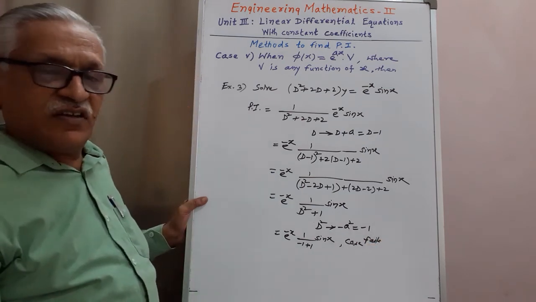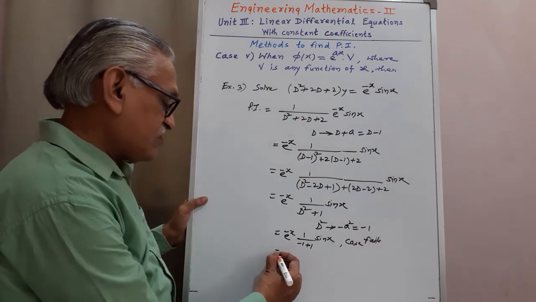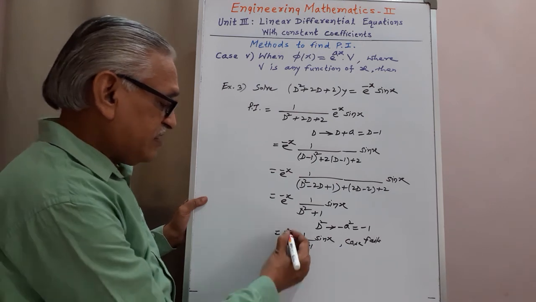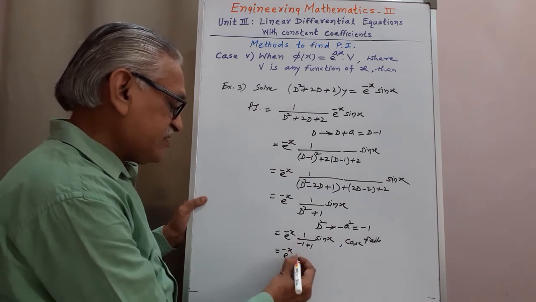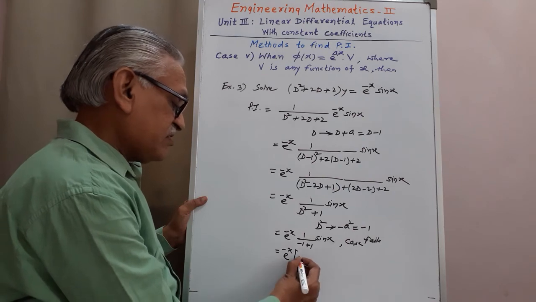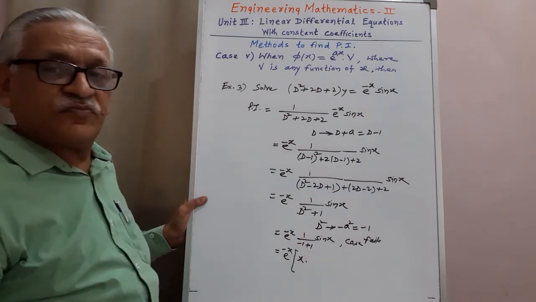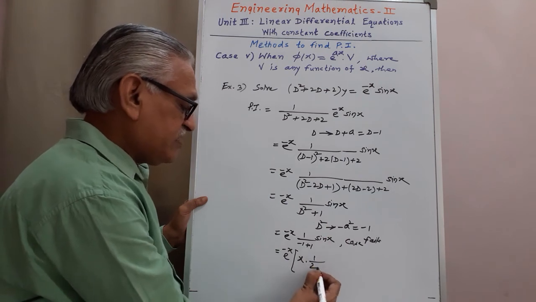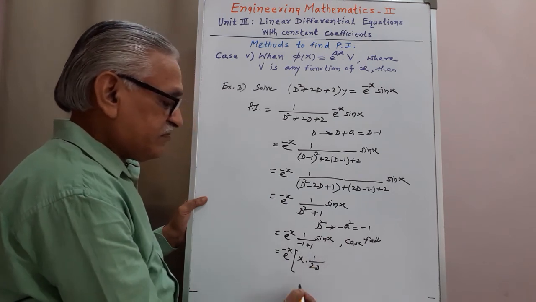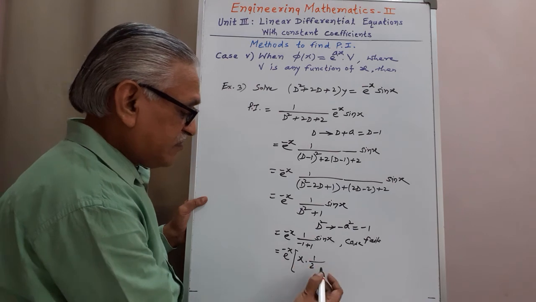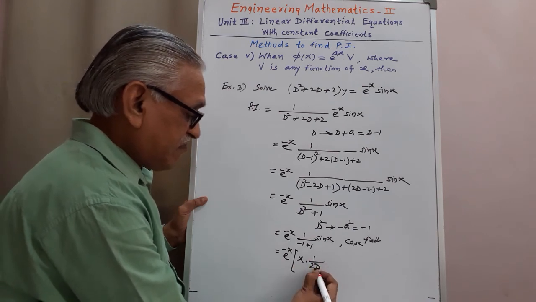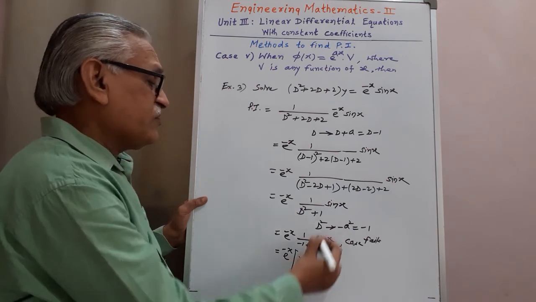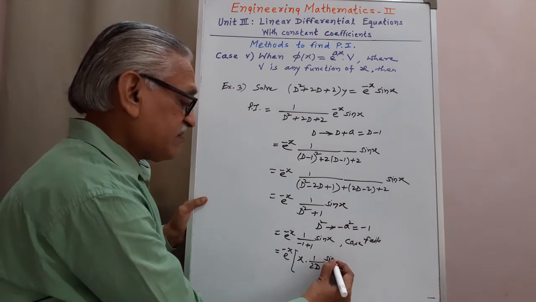As the case fails, we go to the next step. We keep e raised to minus x as it is, then x into 1 upon the derivative of this term with respect to D, which is 2D, operated on sin x.